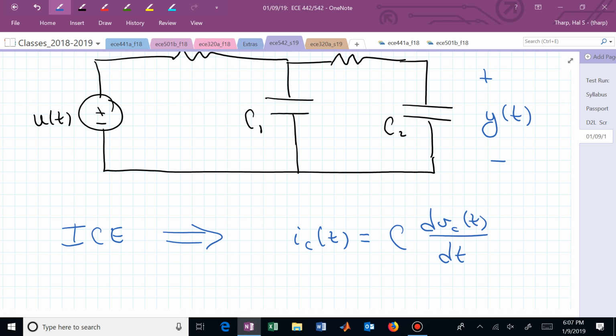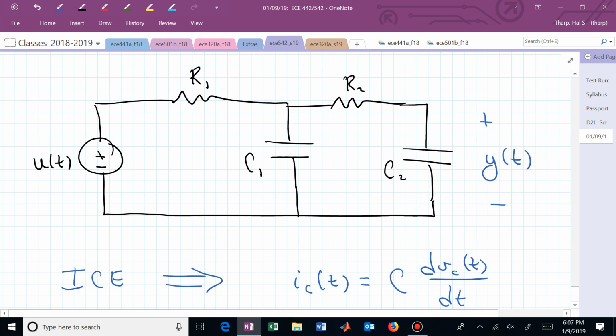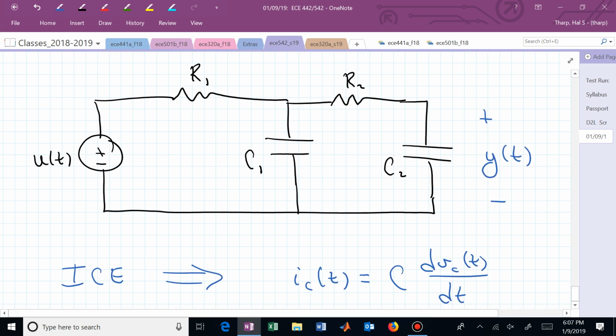There's your energy storage relationship on this capacitor or these capacitors. We can now use that information to hopefully come up with the description of the dynamics of this electrical circuit. We can use ice. And that now is sort of begging the question of how do I maybe get these capacitor voltages in my equations.